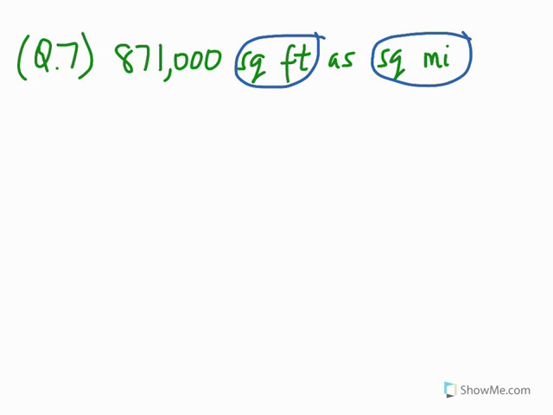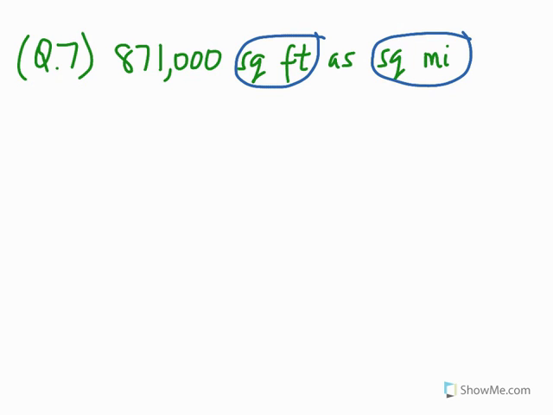Do you see any direct relationship between square feet and square miles in your table? In the table I gave you for area. You do not. Okay, there is no direct relationship between square feet and square miles.